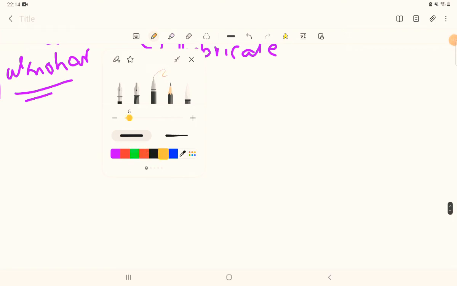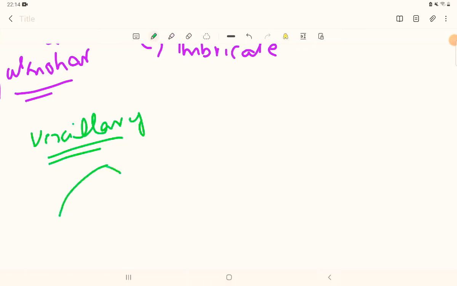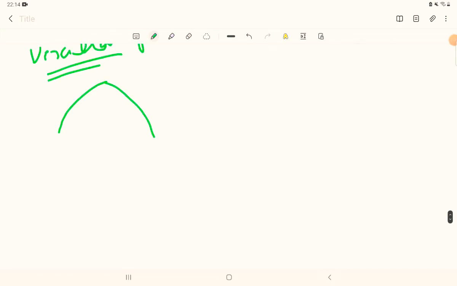Next is your last, that is vexillary. This is a kind of different shape than the others. It's not the circle type. There will be 5 petals as I've told. This petal is one. The next petal will be like this.